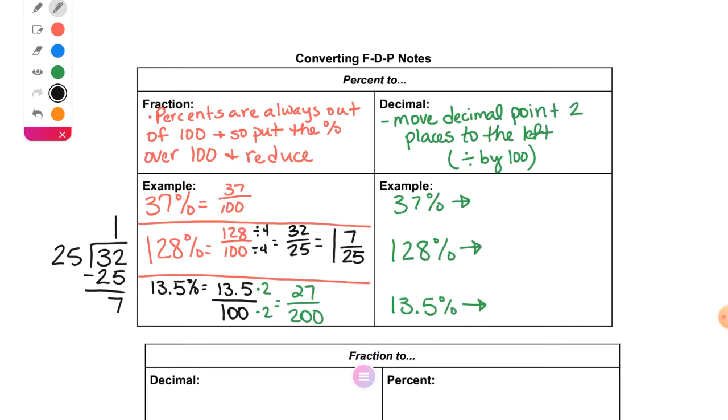Peyton, in 37%, I don't have a decimal point. Remember, if I don't see it, it's at the back, so it's actually right there, and then I move it once, twice. So it'd be 0.37 as my decimal number.